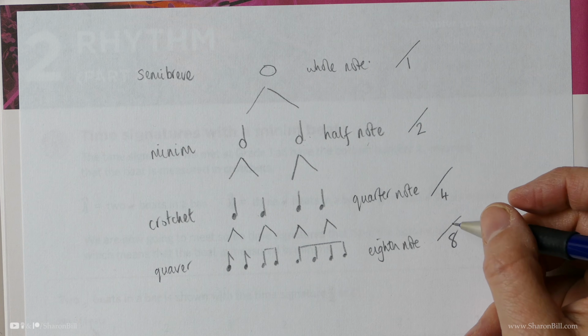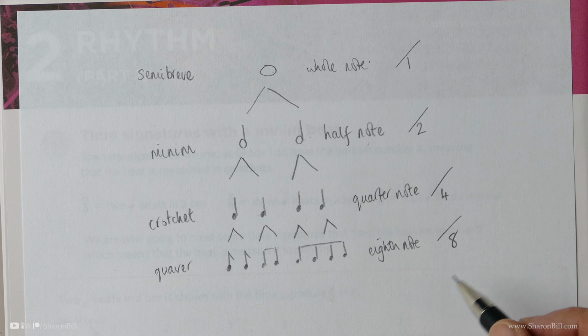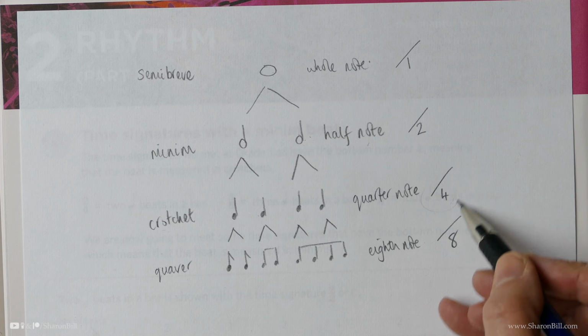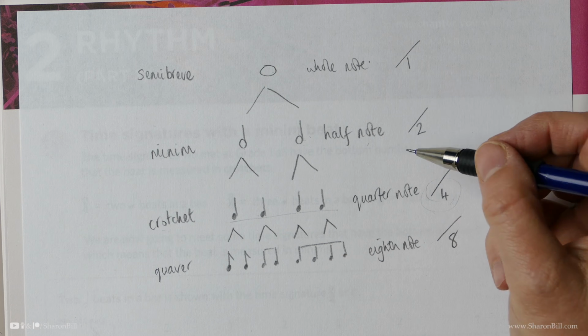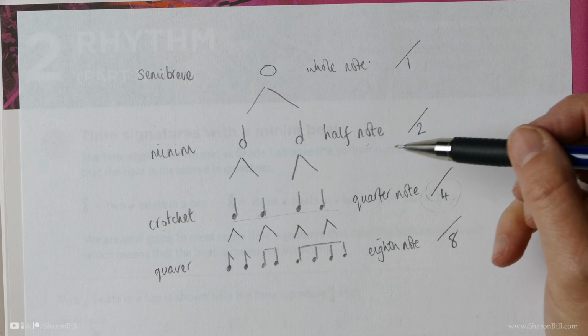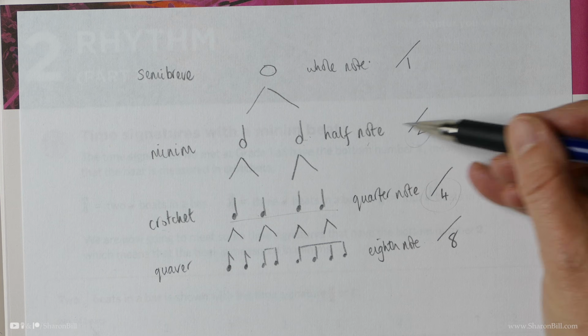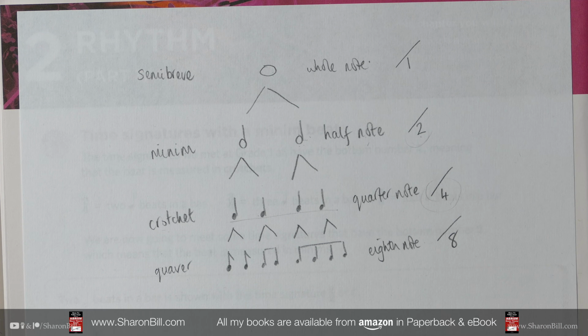Maths is not my strong point, but I can just about manage this. And so we can see why time signatures with 4 at the bottom represent crotchet beats. And so now we can easily see that a time signature with 2 on the bottom is referring to halves, half notes, minim beats, and so on.